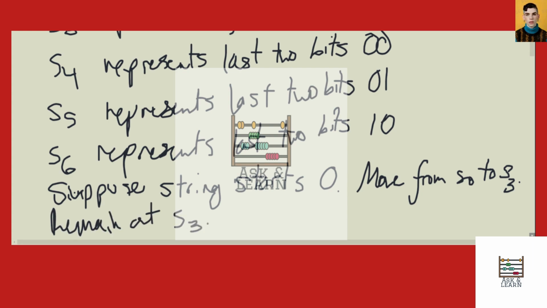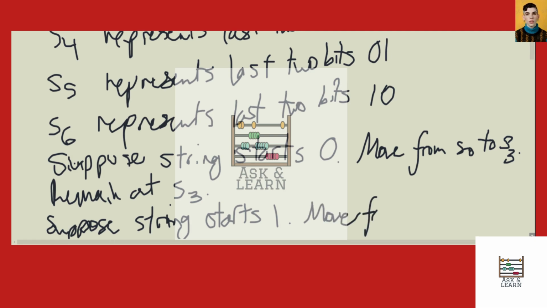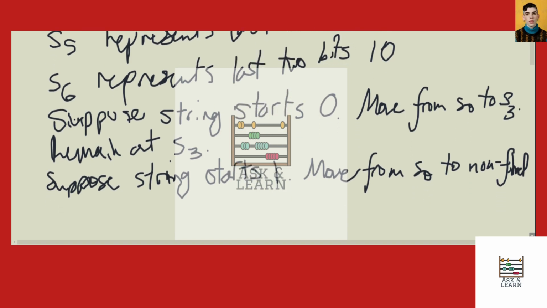Okay, now let's suppose instead that the string starts with 1, then move from S0 to the non-final state S1. Suppose the next digit is a 1.